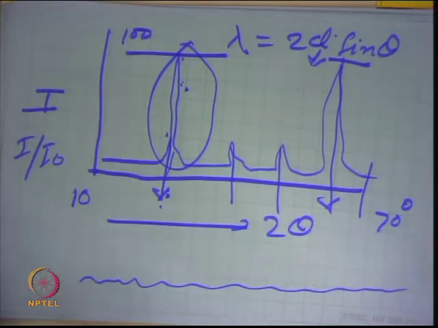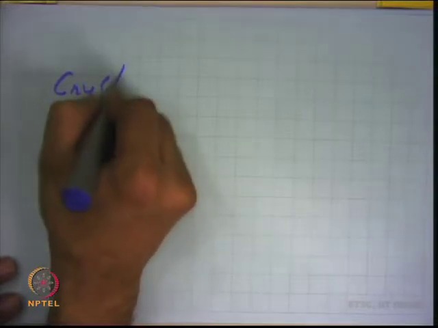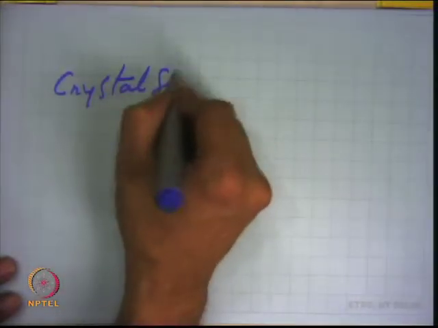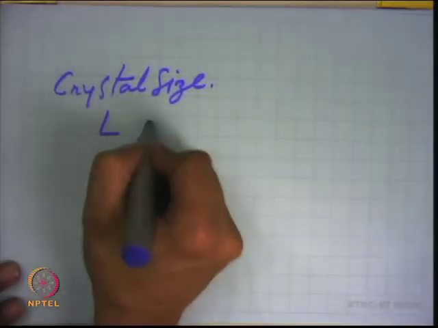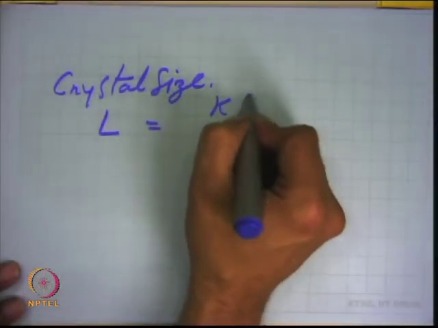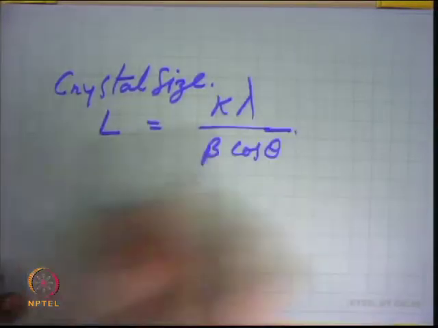And another useful piece of information which you get from this is that the peak width gives you an indication about the crystal size, which is sometimes represented by L is equal to k lambda over beta cos theta, something like this.